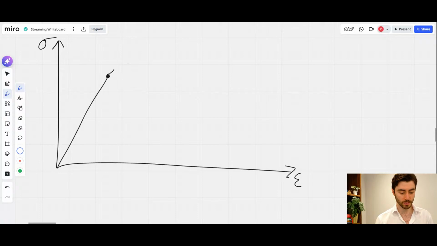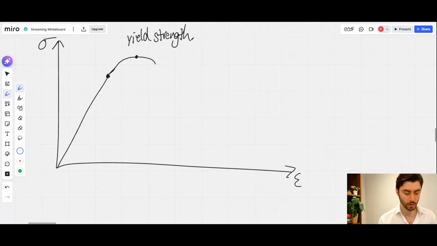And then it's going to curve down, where this is the yield strength. Sorry, I've probably not given myself enough runway here. Let me try this again.